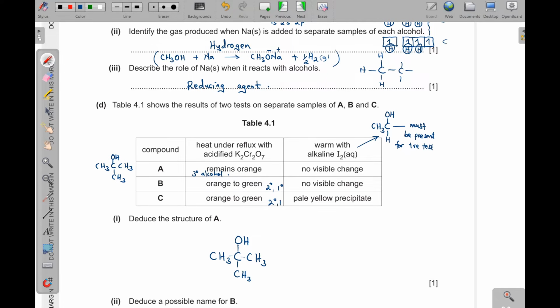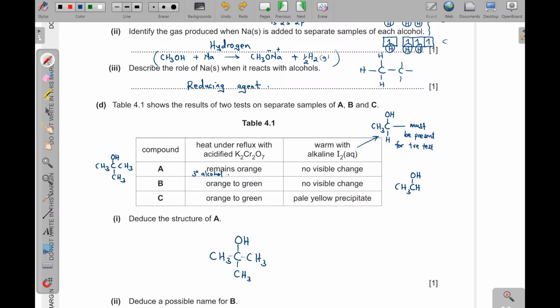The same with this one here. Now, after that, there is no visible change. Let's check the structures which are going to be here. We can have CH3. First of all, they said that this one doesn't have any visible change. So there is no CH3, CHOH group. That group is not there.